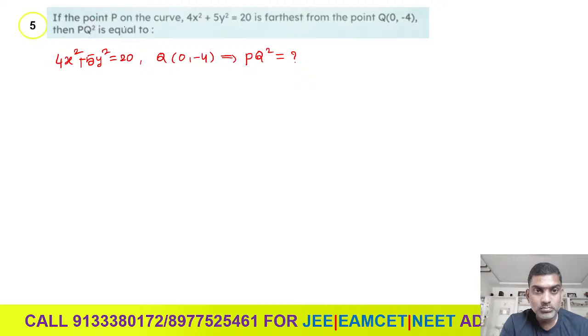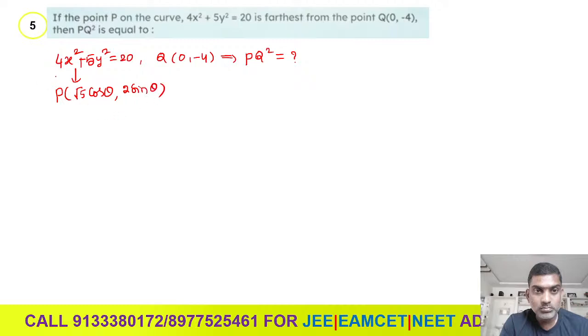So here the point P is on the curve. What is the general form of a point on the ellipse? We can take it as square root of 5 cos theta comma 2 sin theta. What is this?